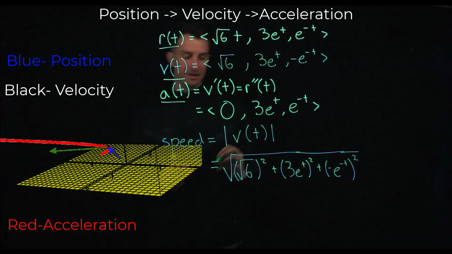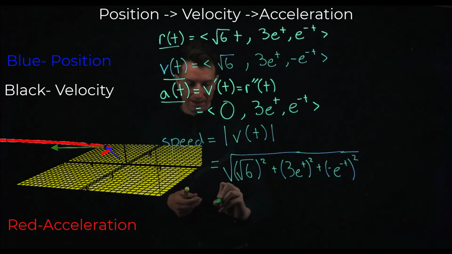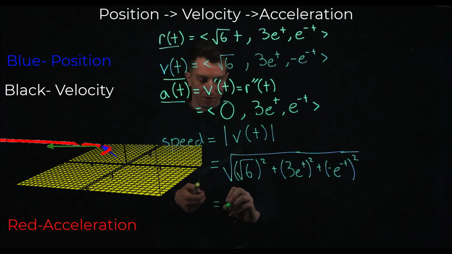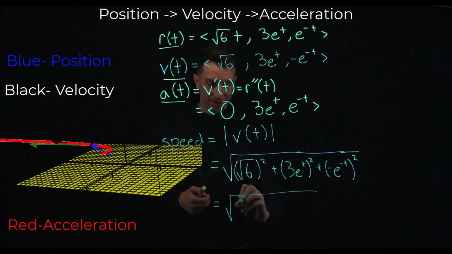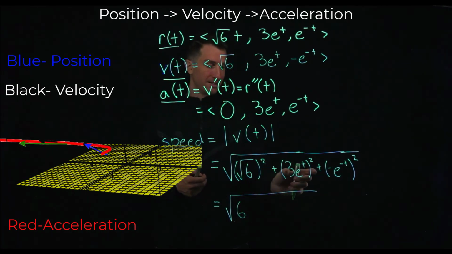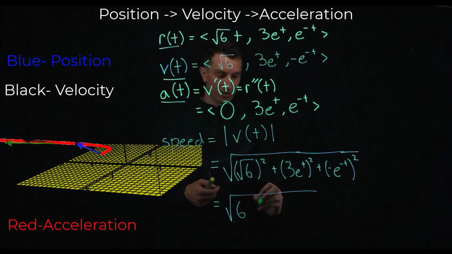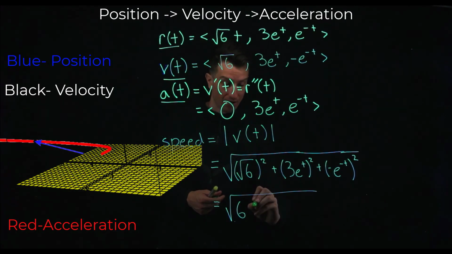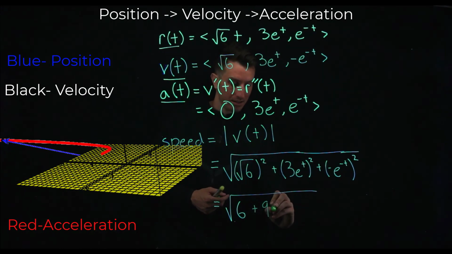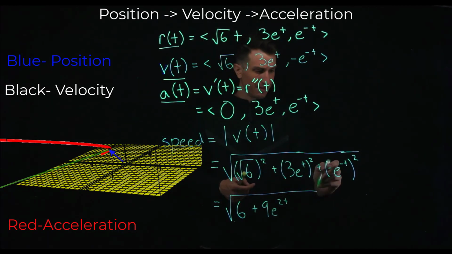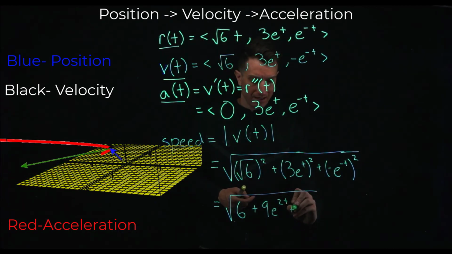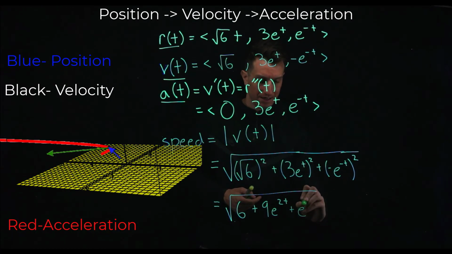This is going to be a very easy simplification. So speed is going to be equal to the square root, that's not going away. Root 6 squared just becomes a 6. This is going to be 9e to the 2t. And lastly, we have negative negative, so plus e to the negative 2t.